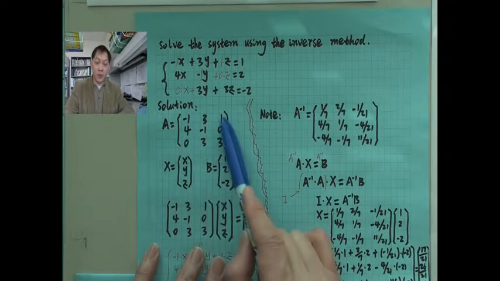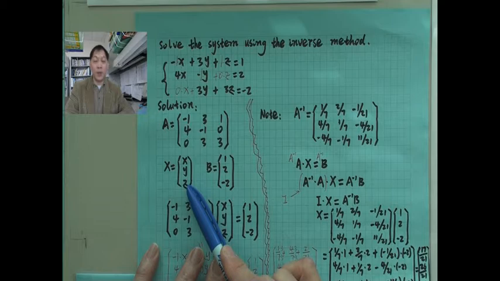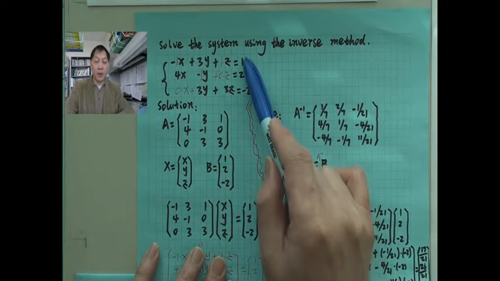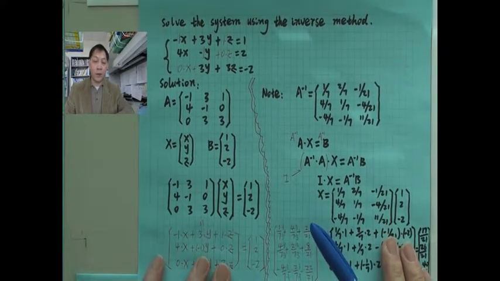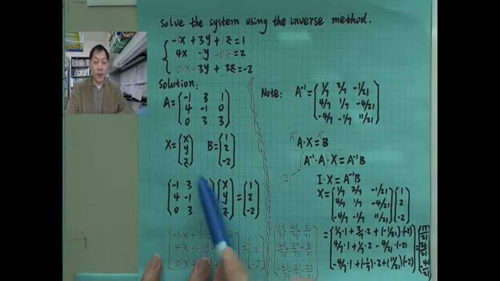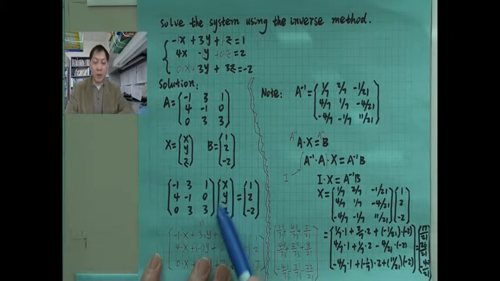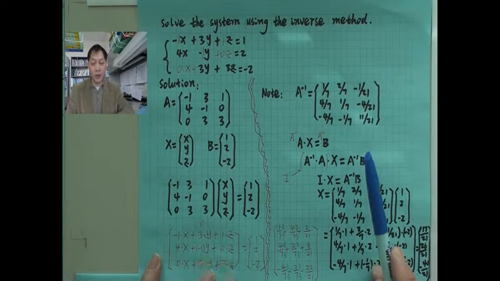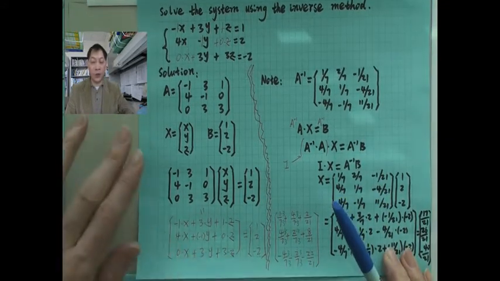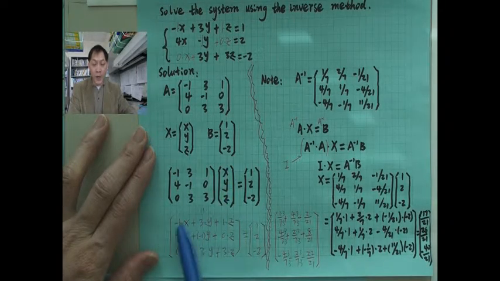That's the coefficient matrix. And then the variable matrix is x, y, z, and the constant matrix is 1, 2, negative 2. So you can write the coefficient matrix times the variable matrix equals the constant matrix. When you do the multiplication, row times column, add together.